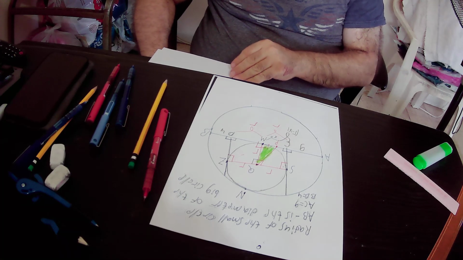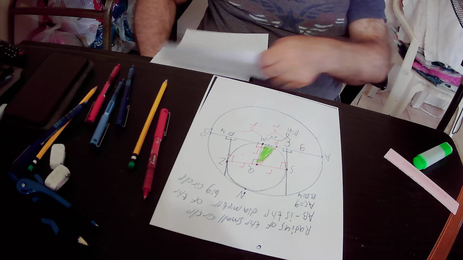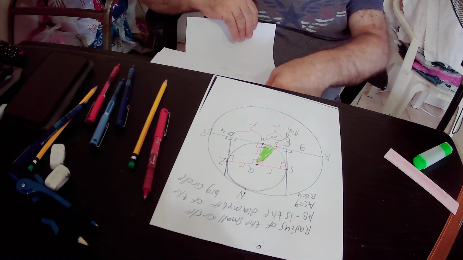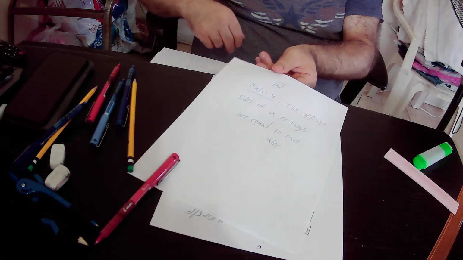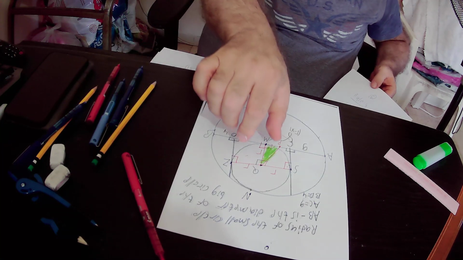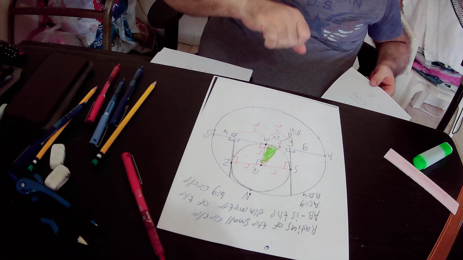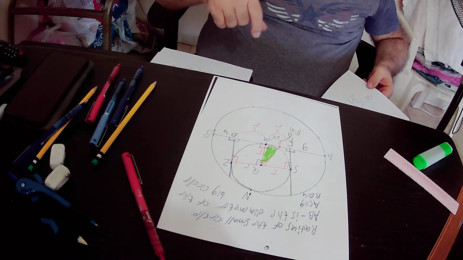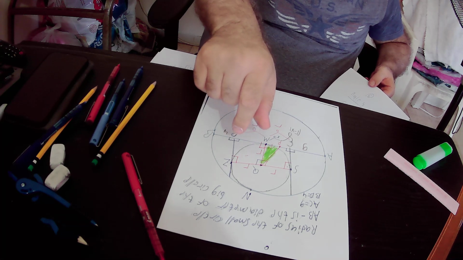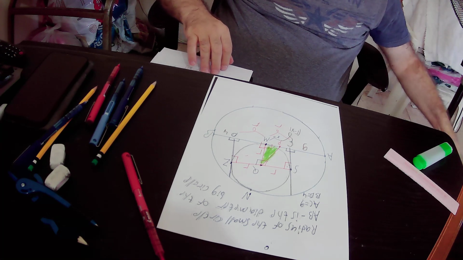Okay, so we know that the opposite sides of a rectangle are equal to each other according to rule number 4. Therefore, QZ equals MD because those sides are opposite to each other. And we know that QZ equals small r, so MD, that equals QZ, must also equal the small r.